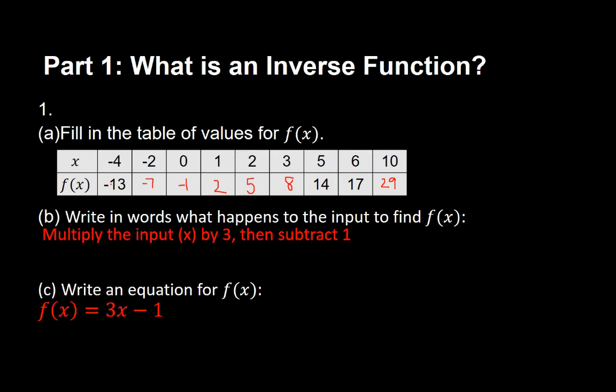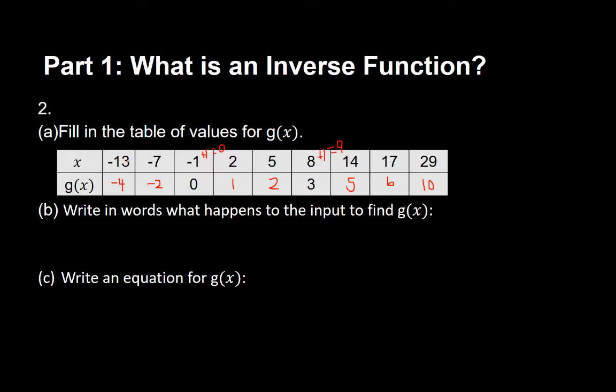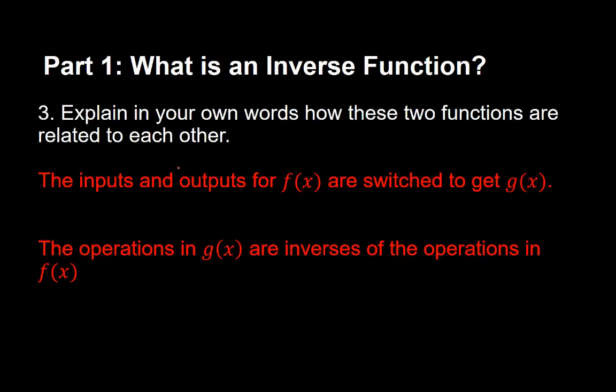And then the outputs for f of x, negative 13, negative 7, negative 1, and so on, were the inputs for g of x, the x values. So the tables are just flip-flopped. The x and y values are switched, or the inputs and outputs are switched. So the inputs and outputs for f of x are switched to get g of x.